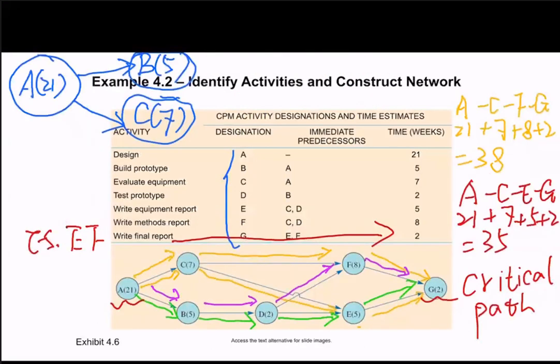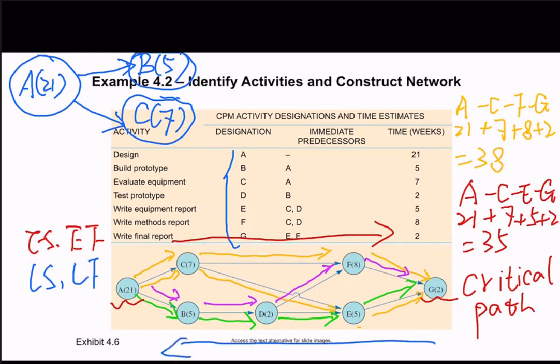So when we find the latest start time and latest finish time, we start with activity G for this specific example, back to activity A. So this is how we analyze it.